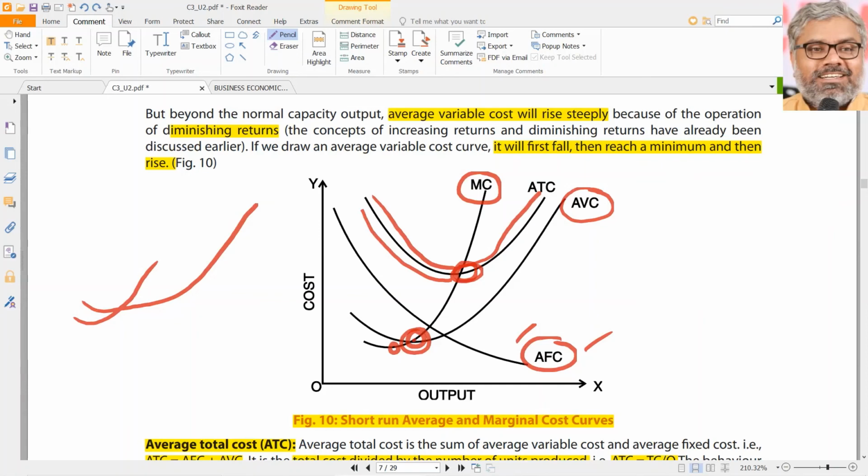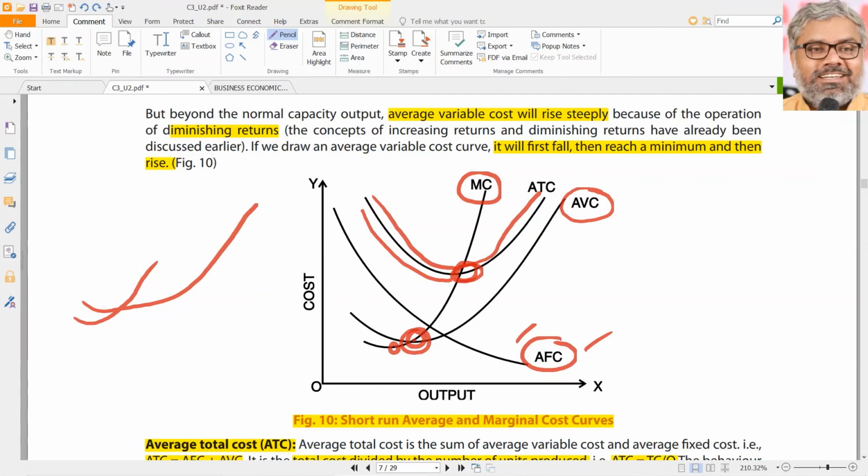And once again, if you remember the earlier product curves, the marginal product was cutting the average product from above, because the shape was opposite. Here, marginal cost cuts the average cost from below.